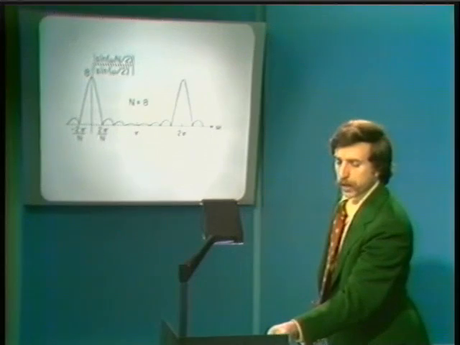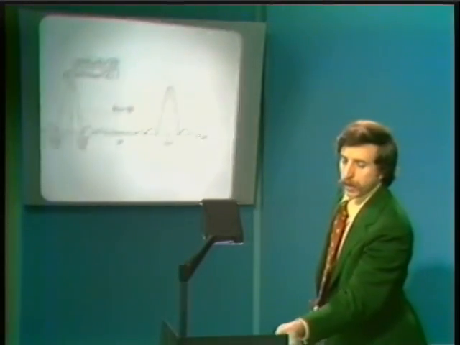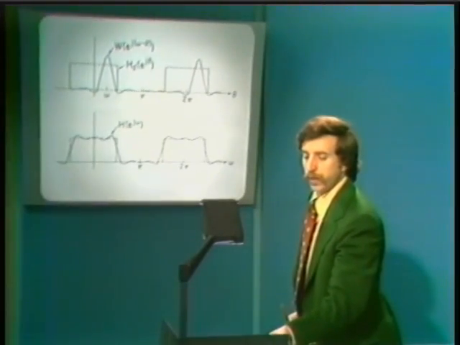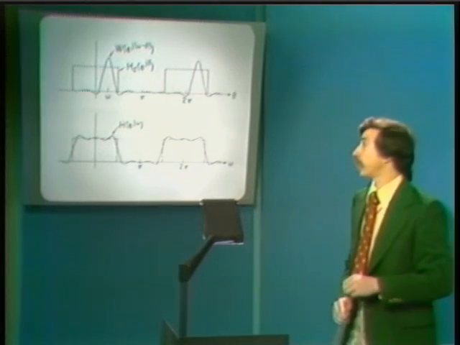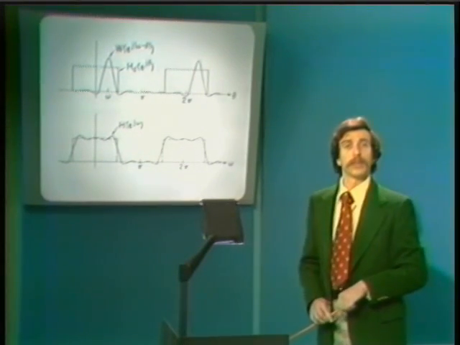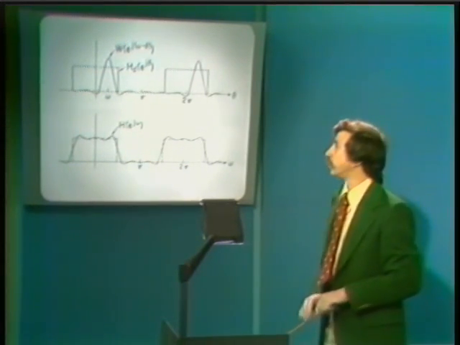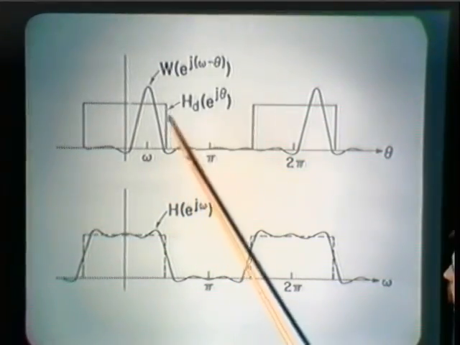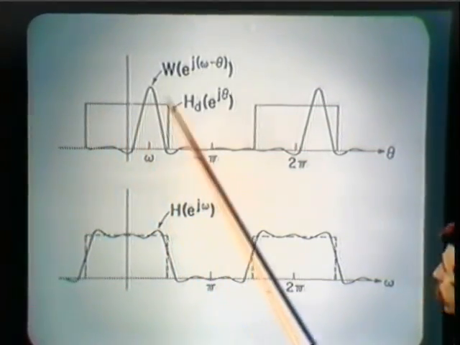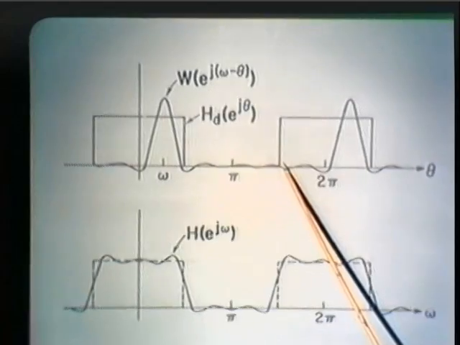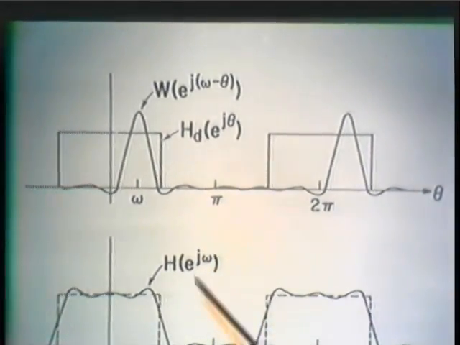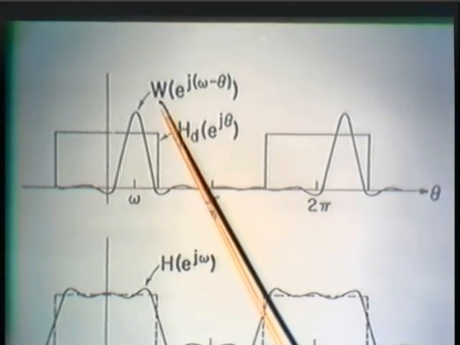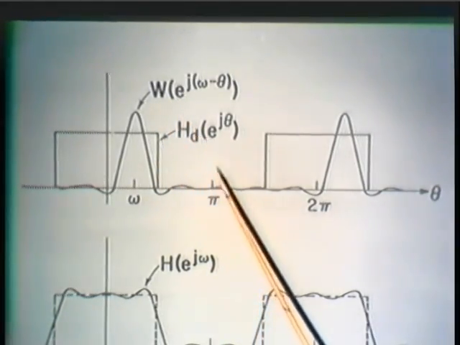So for the particular case of a rectangular window, we would have not the ideal low-pass filter that we began with, but the ideal low-pass filter frequency characteristic convolved with the Fourier transform of the window. So that's depicted here, where we have the ideal low-pass filter. Superimposed on top of it is the Fourier transform of, in this case, a rectangular window.